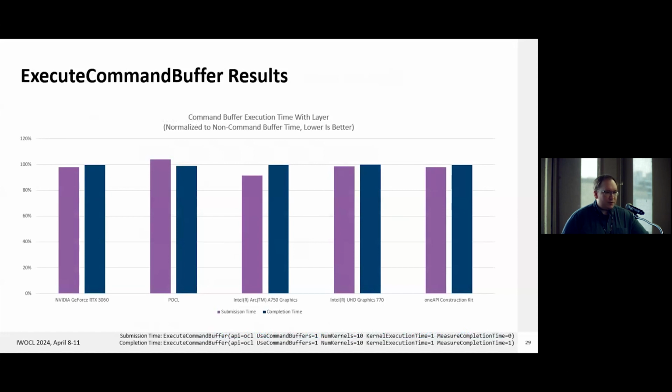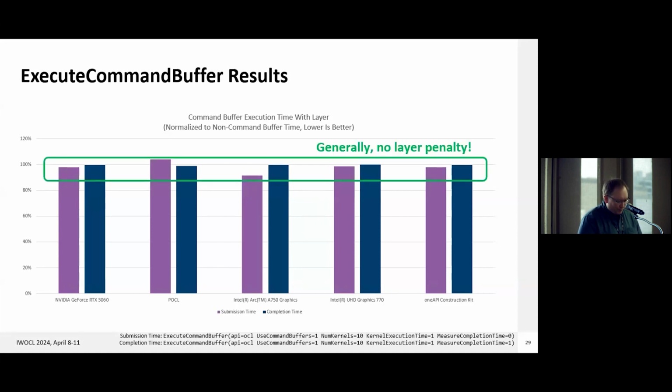We have an NVIDIA GPU, we have 2 CPU implementations, POCL and the oneAPI Construction Kit from Codeplay, and we have both an Intel discrete GPU and an integrated GPU. The key takeaway here is that using the layer didn't really cost you anything. The performance is about the same in both cases, which is a good result. So no penalty, great.